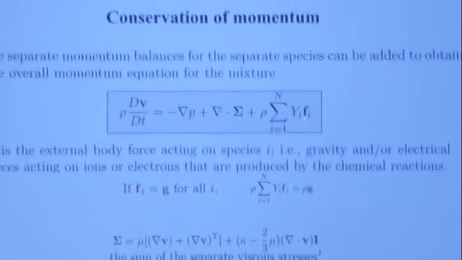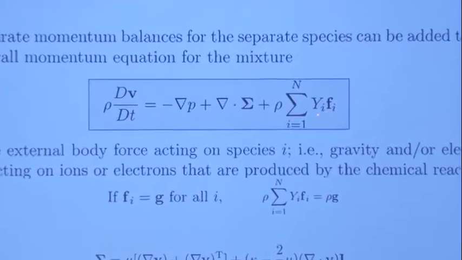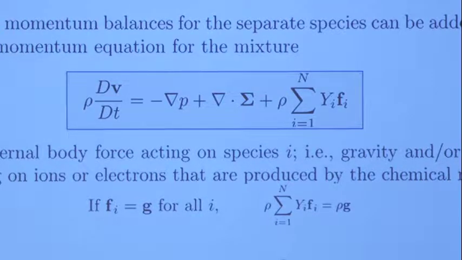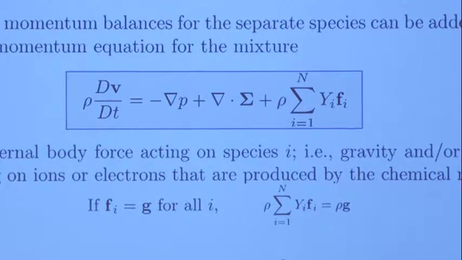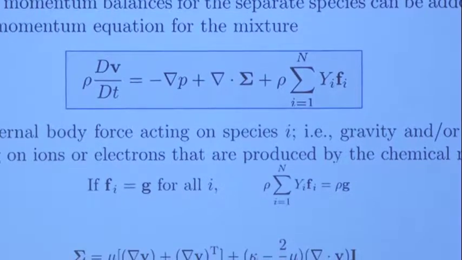The last term is the body force Fi, and I left it this way because there are circumstances where different species have different body forces acting on them. For example, in a chemical mixture, you can sometimes have some ions or electrons that are conducting, and if you have an electric field, then only the electric body force on those species will be relevant.